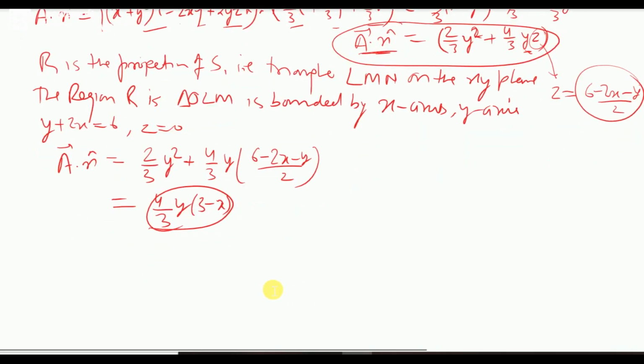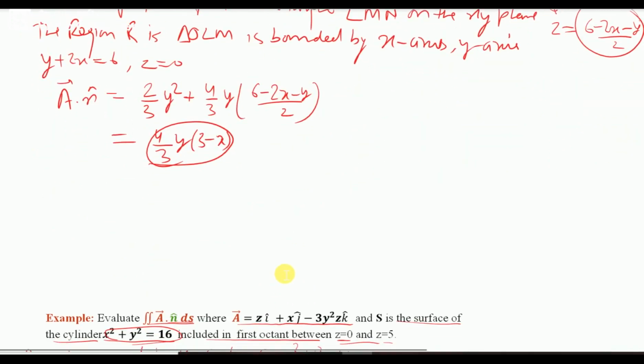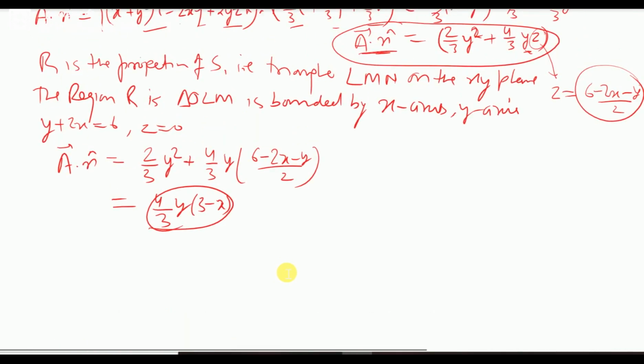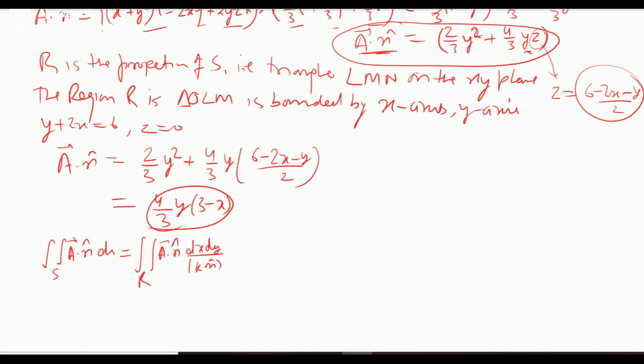Now we evaluate the double integral. The integral of a dot n ds is the integral over the region of a dot n dx dy over k dot n, because we are taking the projection on the xy plane.